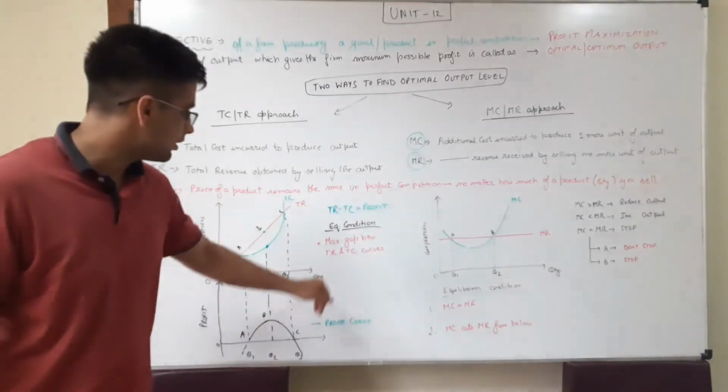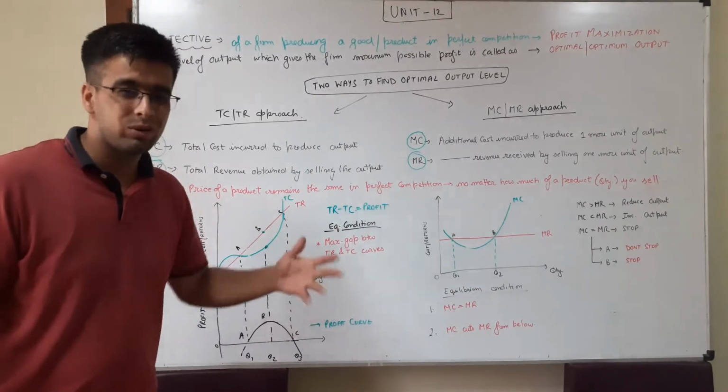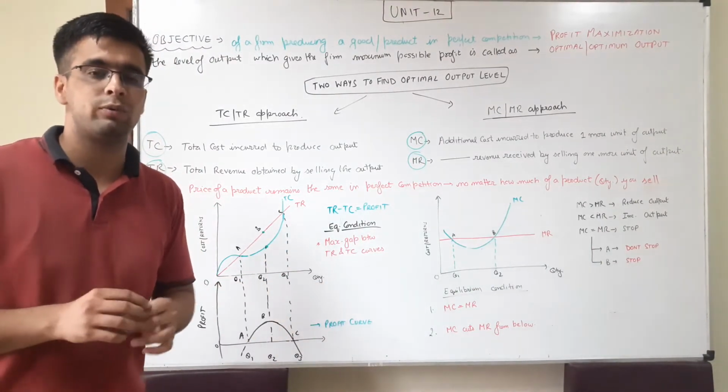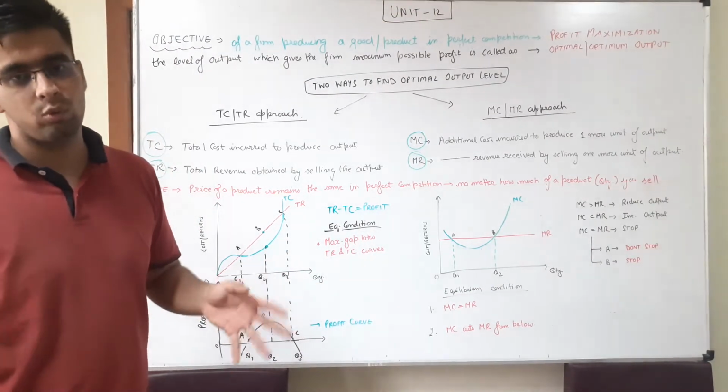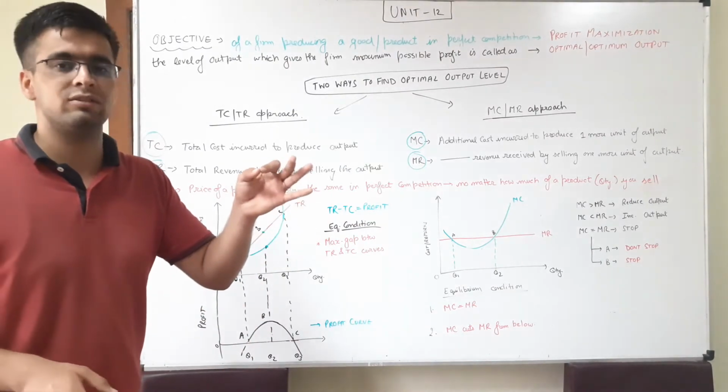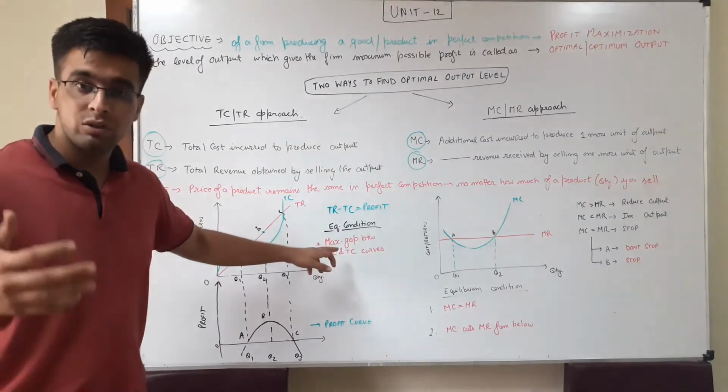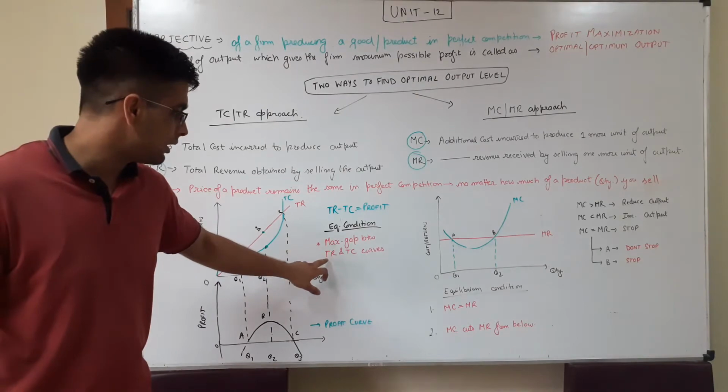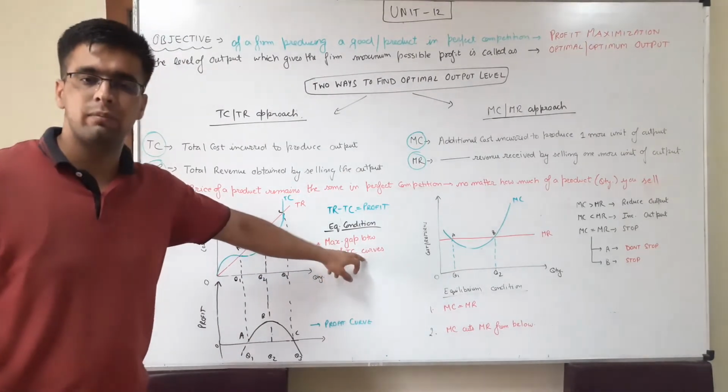Simple. Alright. Equilibrium condition. Equilibrium is a condition when the producer doesn't want to produce less, doesn't want to produce more. Alright, he wants to produce what he is producing. Equilibrium condition will be when the gap between TR and TC curves will be maximum.